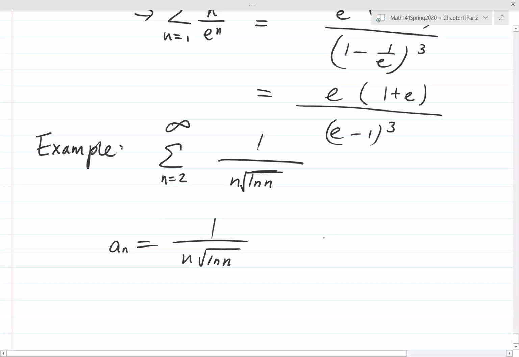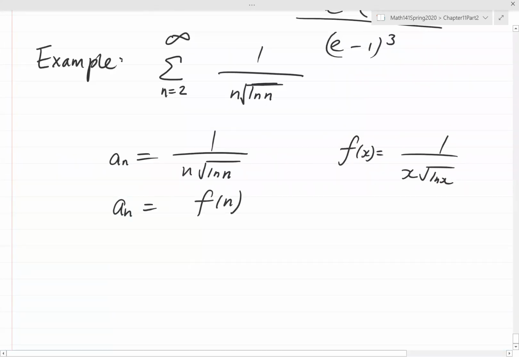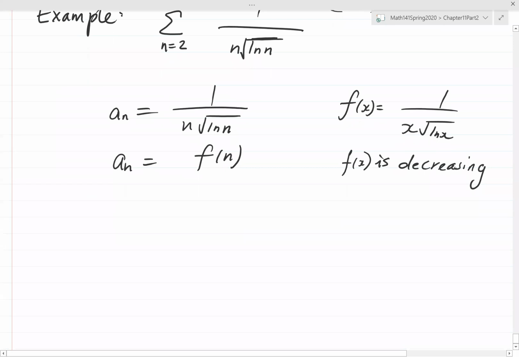If we take f(x) to be 1 over x square root of ln x, then f(n) is actually the function value of a_n. It's easy to see f(x) is decreasing, because the denominator becomes bigger and bigger as x gets bigger, so the fraction is decreasing.